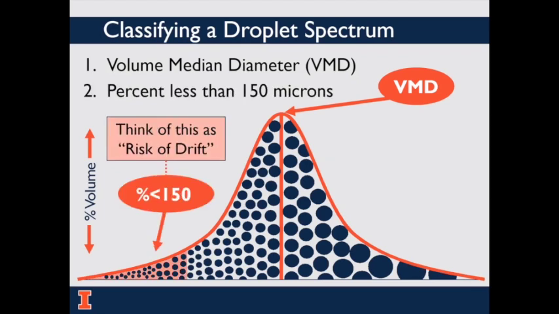Another way of classifying the droplet spectrum is by the relative risk of drift. Since we define droplets smaller than 150 microns as at high risk of drift, we can look at what percent volume is less than 150 microns, or what percent of every gallon of spray is less than 150 microns. In comparing nozzles, a higher percent less than 150 means higher potential for spray drift.